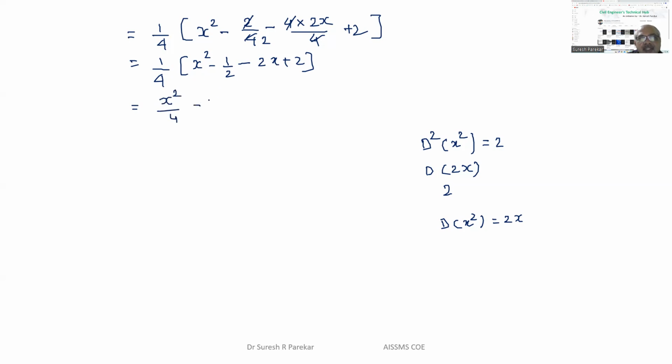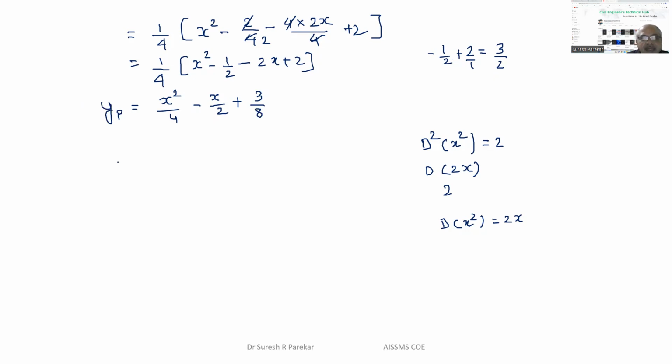Then minus, so this 4 we are taking inside, x by 2. And minus 1 by 2 plus 2, this becomes 3 by 2, because we take LCM 4 minus 1, 3 by 2. And then we have plus 3 by 8. So this is the particular integral of this problem.